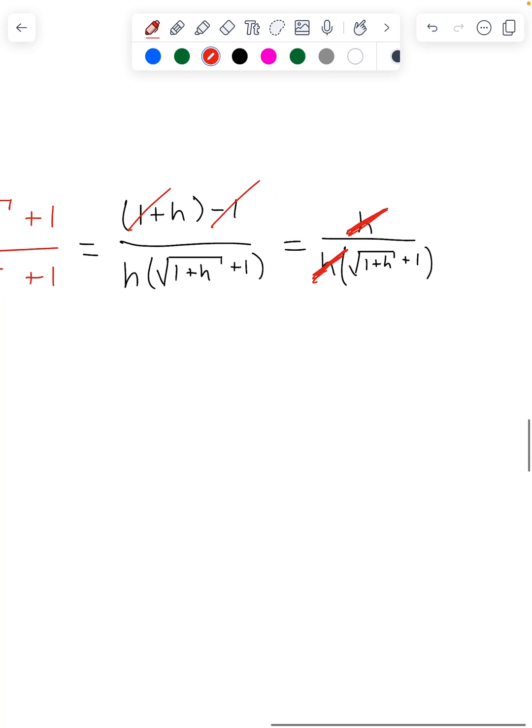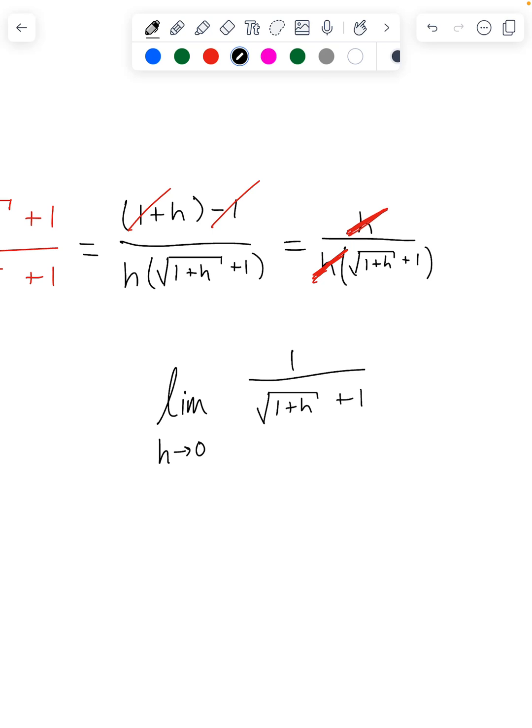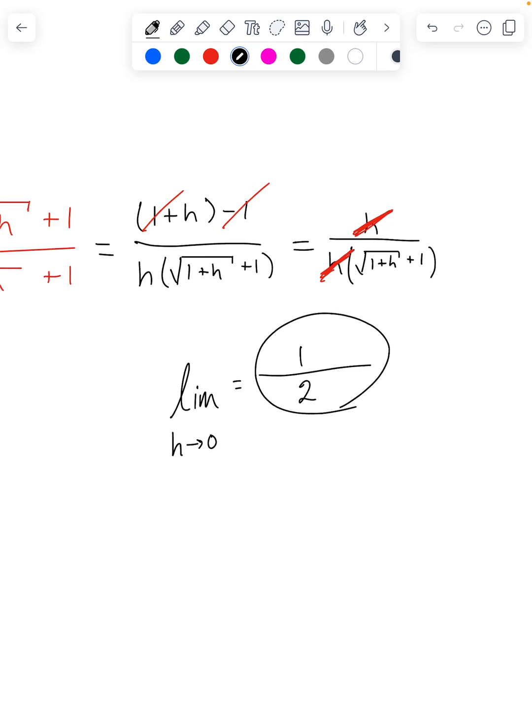In my final form, I'm trying to find the limit as h approaches 0. Now that I've reduced everything, it's 1 over the square root of 1 plus h plus 1, which if I make h 0, that's gone. It's 1 over the square root of 1 plus 1, which I know is 2. So I have a fraction there of 1 over 2.